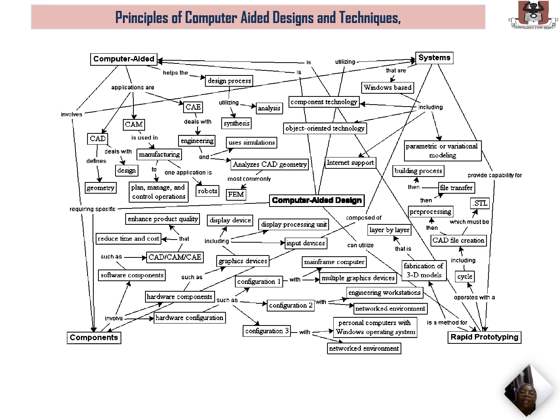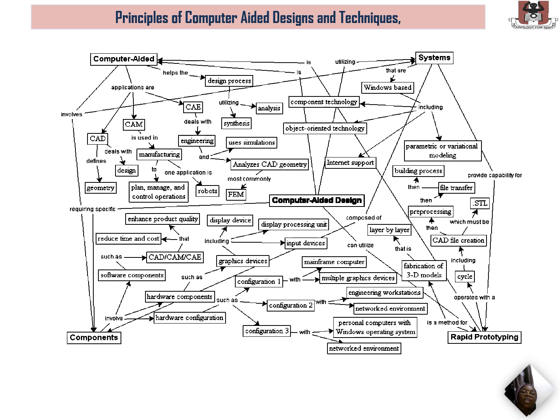What I have explained is diagrammatically shown here. You see, from computer aided design you go to rapid prototyping. These are the links of how you can use your computer aided designs. The applications are CAD, CAM, CAE, and KEE.